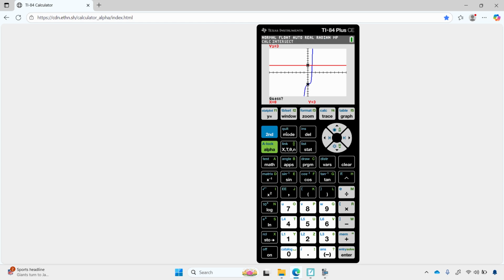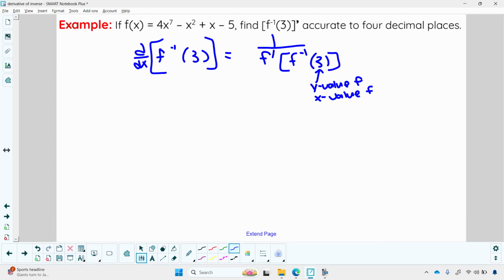Okay, so 1, 2, 3, there is my intersection point. I'm just going to take that out to my main screen and copy it over. Back over to my notes, I now know that the x value is approximately 1.106, but I'm not going to take it off my calculator. So this is saying 1 over f prime of that 1.106 number.